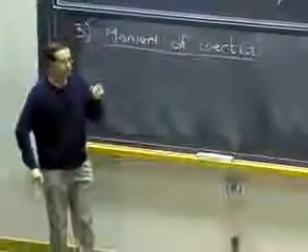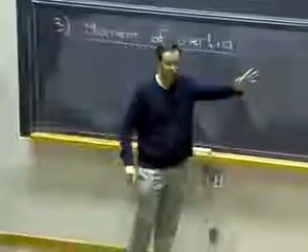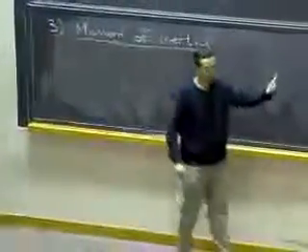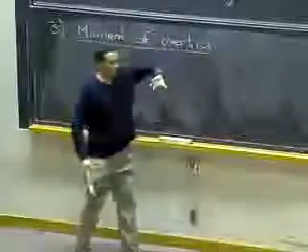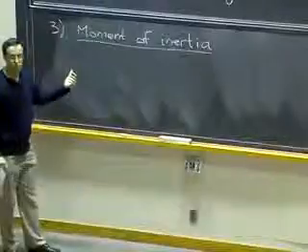The mass of a solid is what makes it hard to push. How hard it is to throw something is related to its mass. How hard it is to spin something, on the other hand, is given by its moment of inertia.